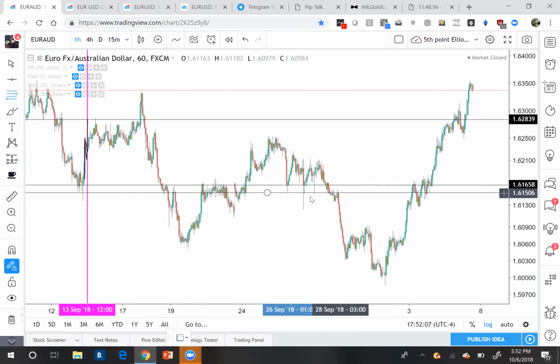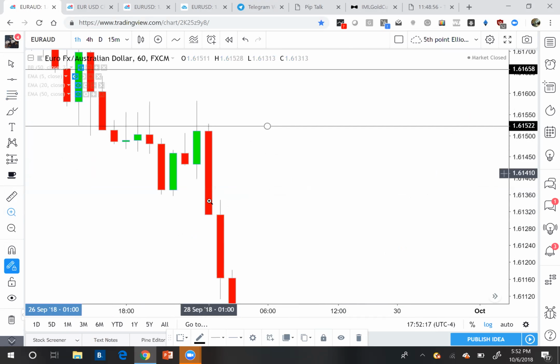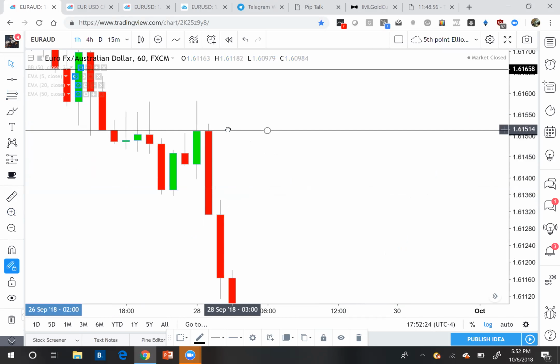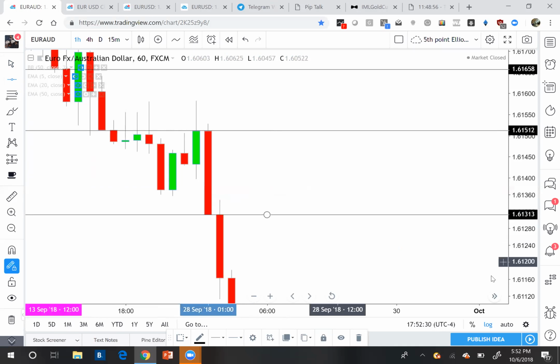Similarly, for a red candle or a bearish candle, if you look at this candle here, it started off here and went down to here. It started off at this point, it went up a little bit, and how do I know it went up?